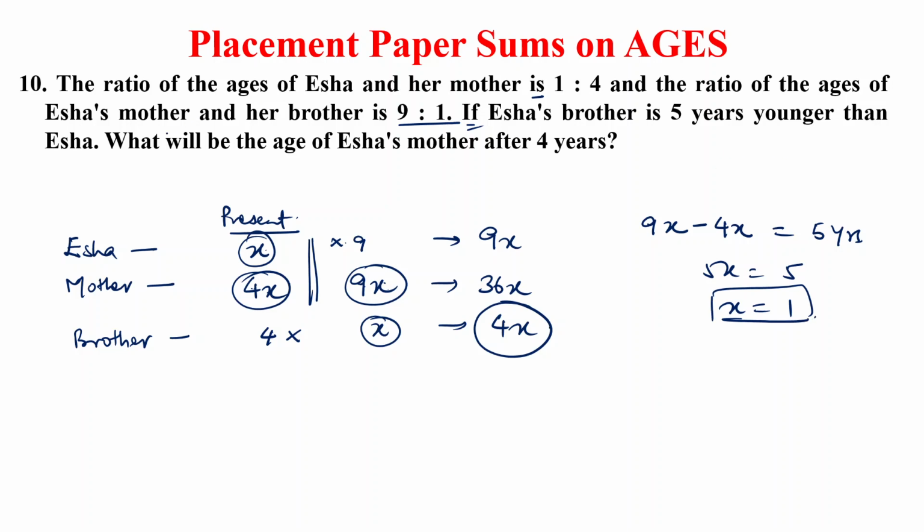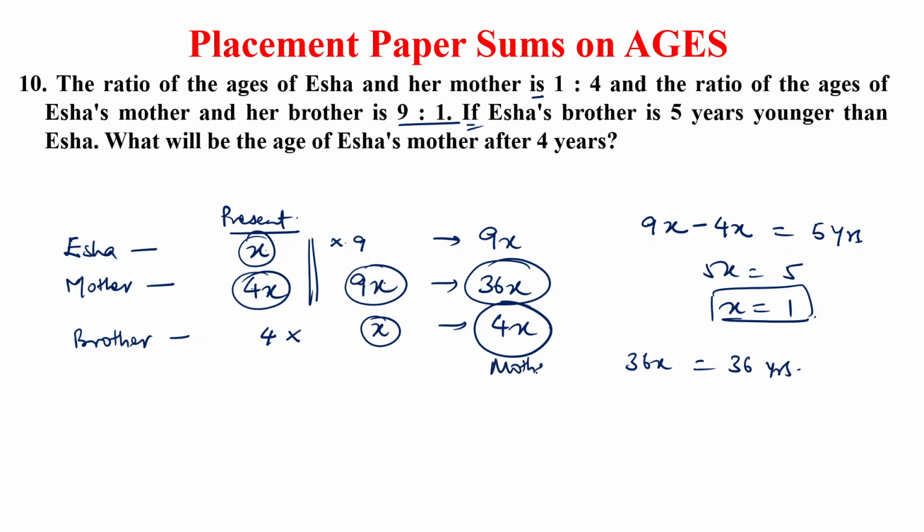What do they want us to find out? They are asking what will be the age of Isha's mother after 4 years. Who is Isha's mother? 36x. What is the value of Isha's mother? 36x, and x is equal to 1. That means 36x, which is mother, is equal to 36 years, right?